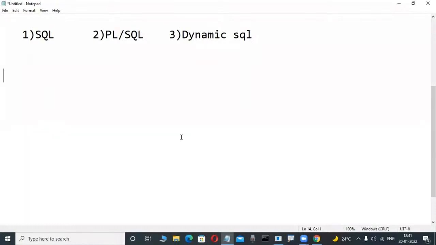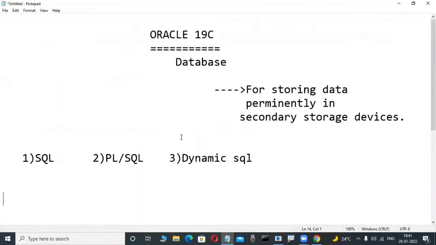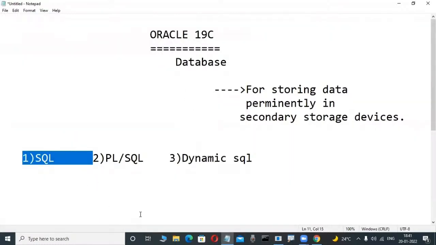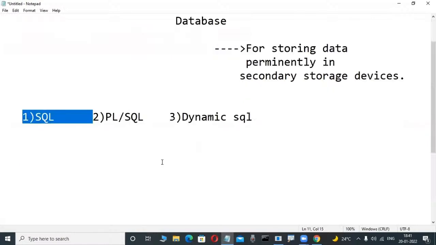But syntactically, totally different. Functions are also totally different. That's why in our class we are learning Oracle SQL. Understood? Okay, so same like Java and C++ object creation, now check it out.